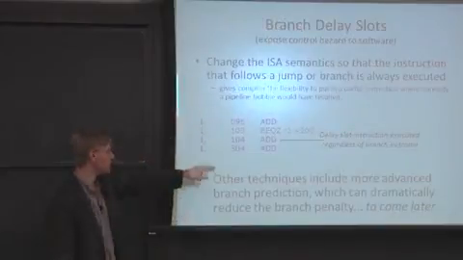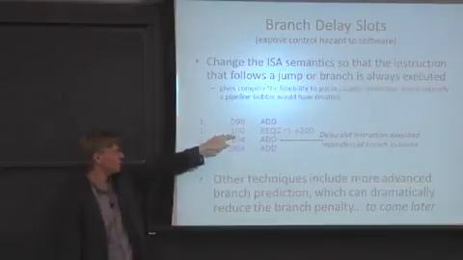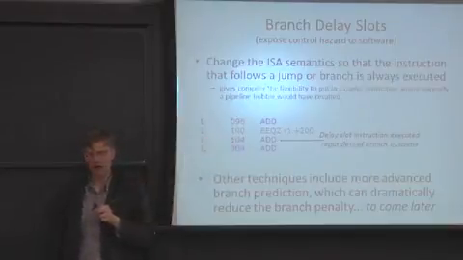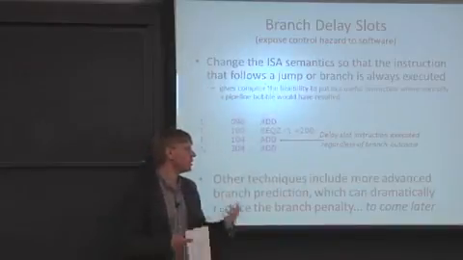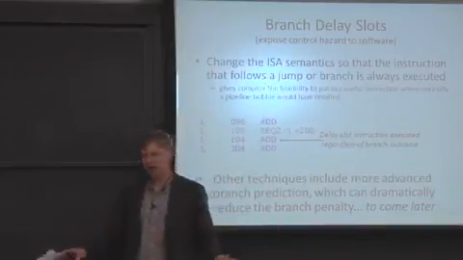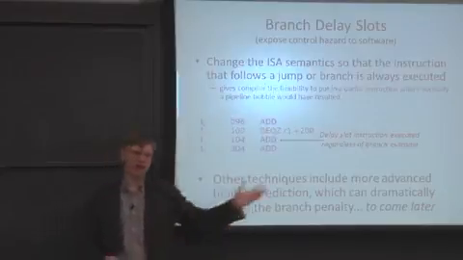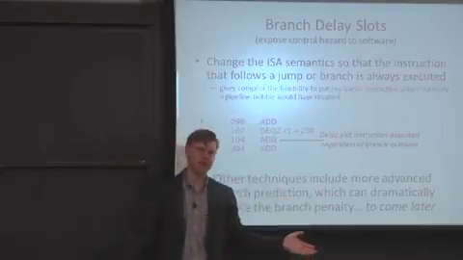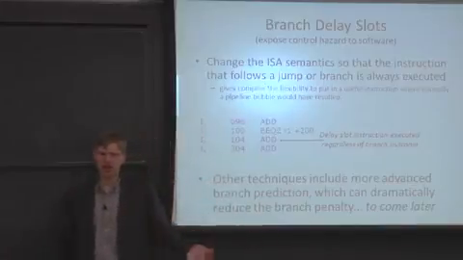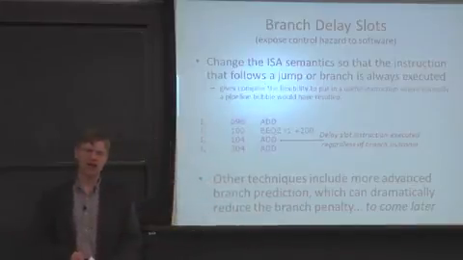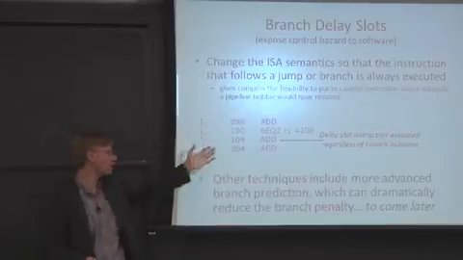So what we can do is we can say, OK, the branch is at address 100. And this add here at address 104 in the delay slot executes irregardless of whether the branch gets taken or falls through. So then we don't actually have to kill the next instruction after the branch. We don't have to have all this fancy extra hardware there. We can just have this always execute.